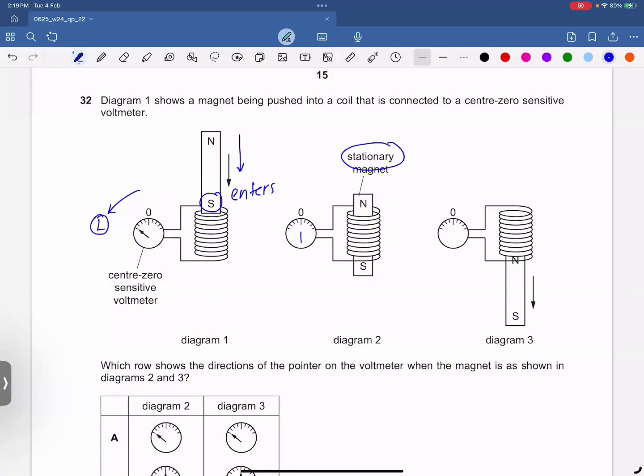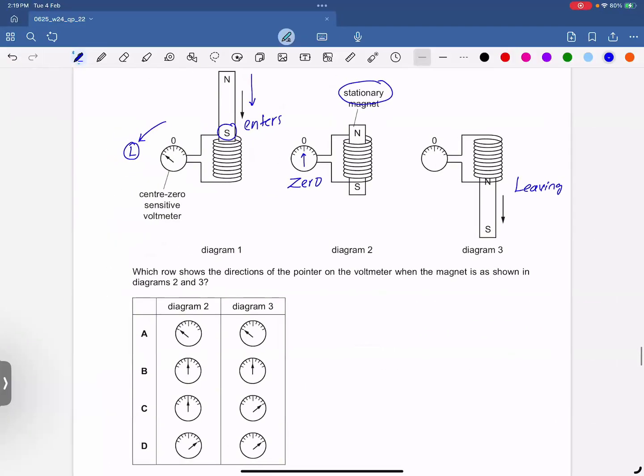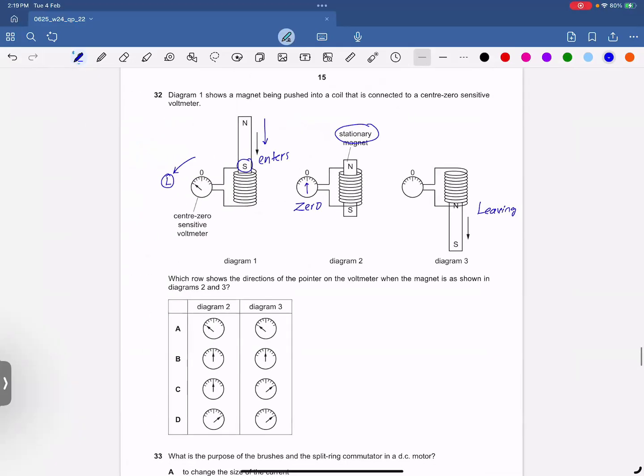Stationary, not moving, the reading must be 0 because no rate of change. Now it is leaving. When it was entering, it was to the left side. So when it is leaving, it has to be reversed, to the right side.